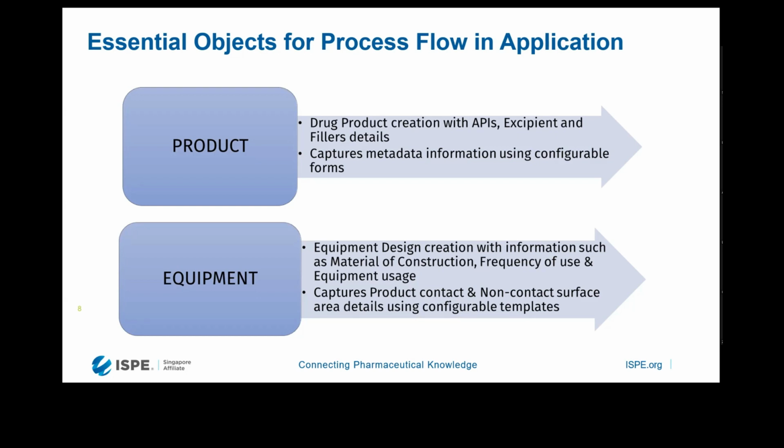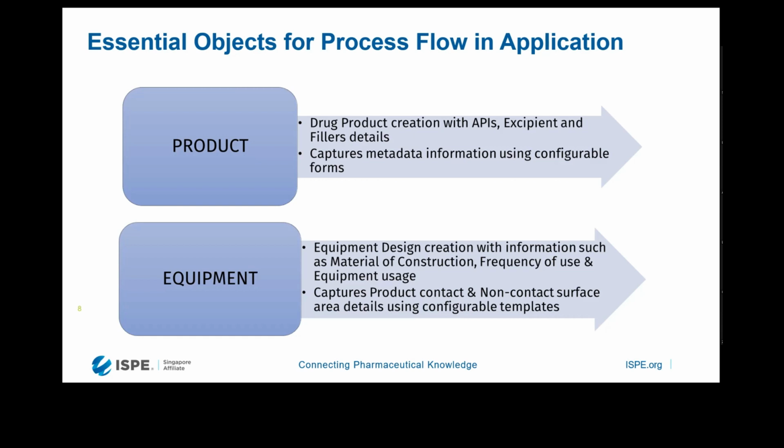Equipment is the same thing. Equipment design. What is important when you have equipment? Product contact parts, non-product contact parts, sampling location, exactly where you are taking the samples, and what the process parameters are. Industry follows TACT WIN.